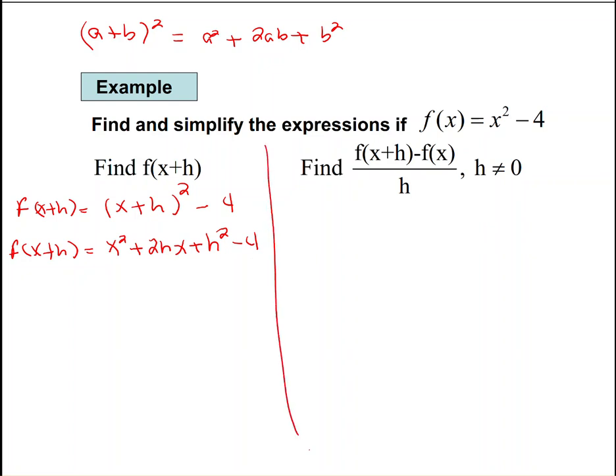Alright, so I can't simplify that anymore. So now I'm going to take it and use it on the other side. I'm going to find f of x plus h. Well, I've already found that part, so I'm just going to rewrite what I just simplified. x squared plus 2hx plus h squared minus 4.